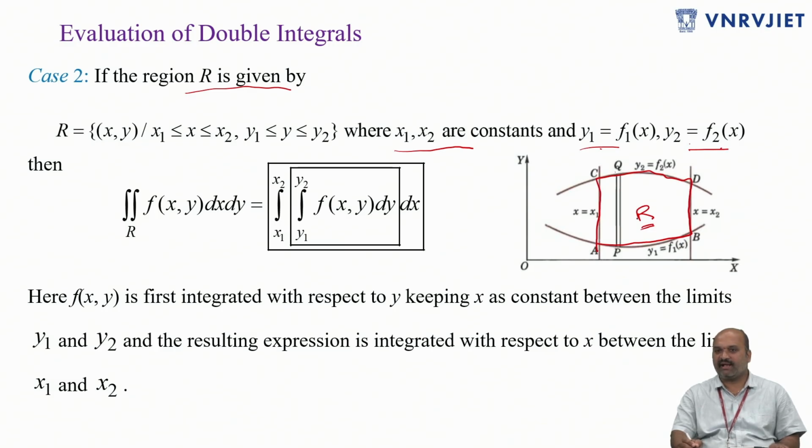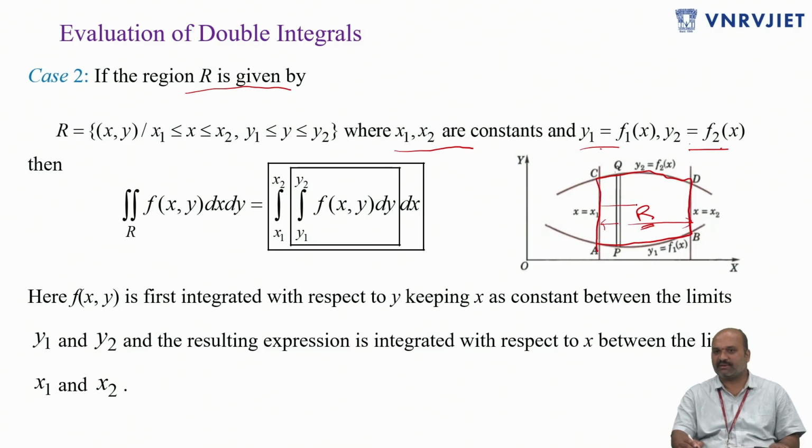From where to where it has to move to cover the entire region of integration is called the outer integral limits. So this is a vertical strip. It has its ends at P and Q, which is lower end is on f1 of x, upper end is on f2 of x. So these are inner integral limits. To cover the region, the strip has to move from the line x is equal to x1 to x is equal to x2.